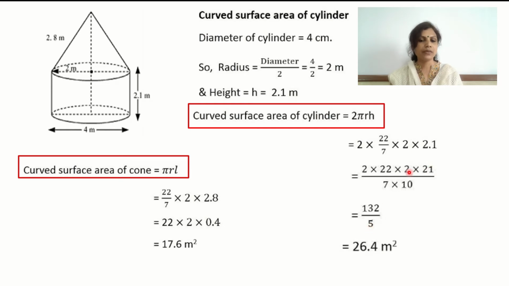So 132 upon 5, and that comes equal to 26.4 meter square. So the curved surface area of the cylinder is equal to 26.4 meter square.